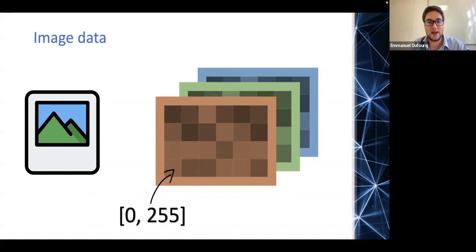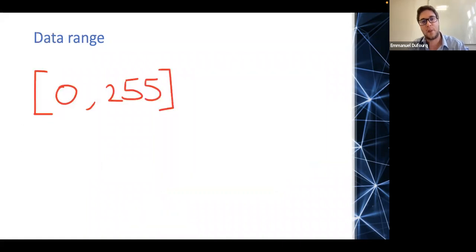This is how we can visualize color images on a screen. You can think of a computer screen as 3 big matrices stacked on top of each other. Every little pixel has 3 values, one for the red channel, one for the green channel, one for the blue channel.